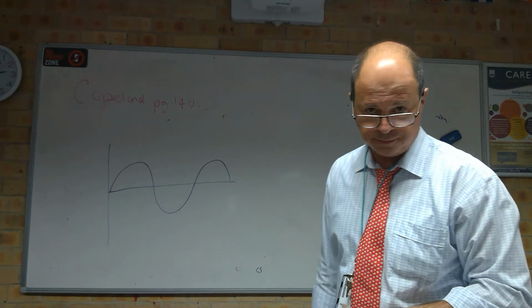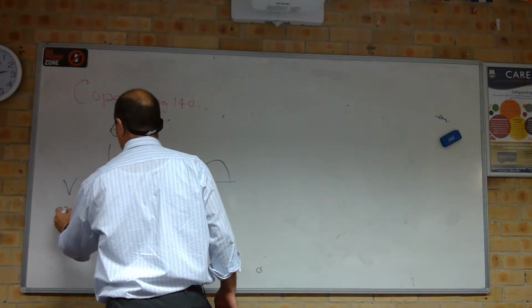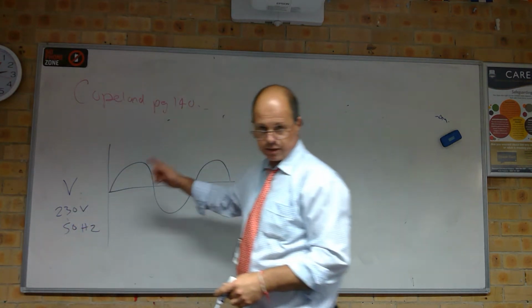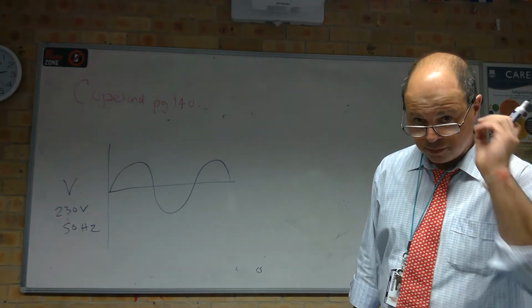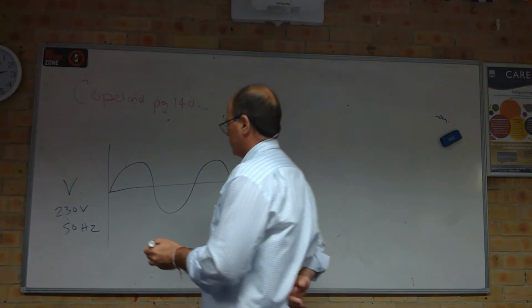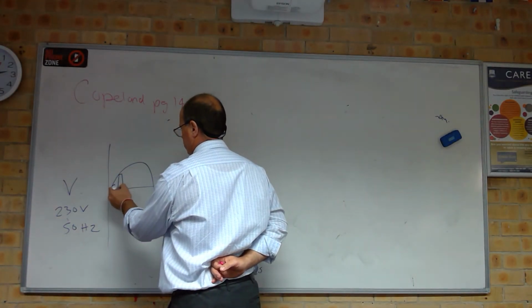So this is voltage, 230 volts, 50 hertz, and it's going up and down, and it's going to give us our one speed for our motor for a given number of poles as per the formula. But what we can do is we can chop this signal up.